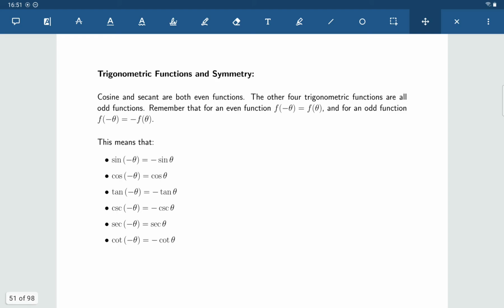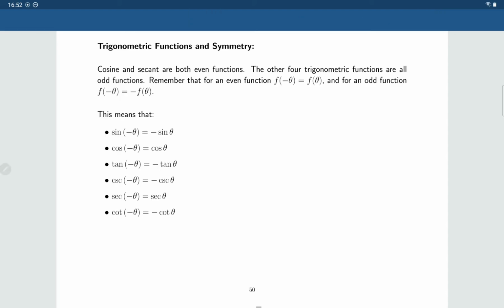We also have some symmetry properties for our trig functions that can be helpful here. All of our trig functions have some type of symmetry. Sine and tangent and cosecant and cotangent, those are all odd functions. Secant and cosine, those are both even functions. So this helps us out when we're thinking about finding trig functions of negative angles.